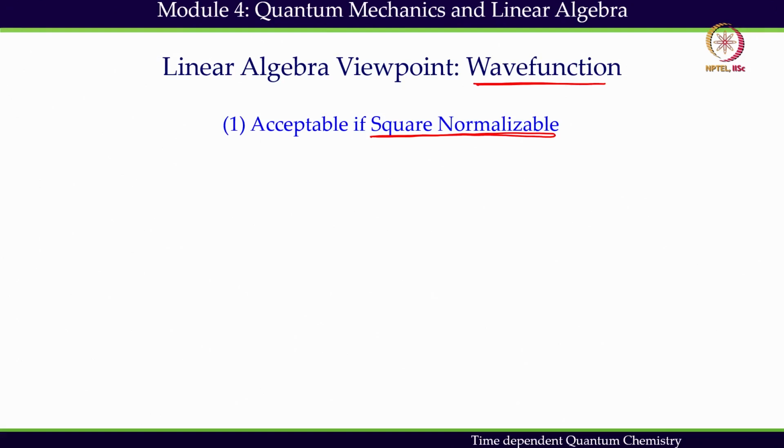So all well-behaved, physically acceptable functions, any function I cannot accept physically in quantum mechanics. Those functions which can be accepted in quantum mechanics are called physically acceptable wave functions.